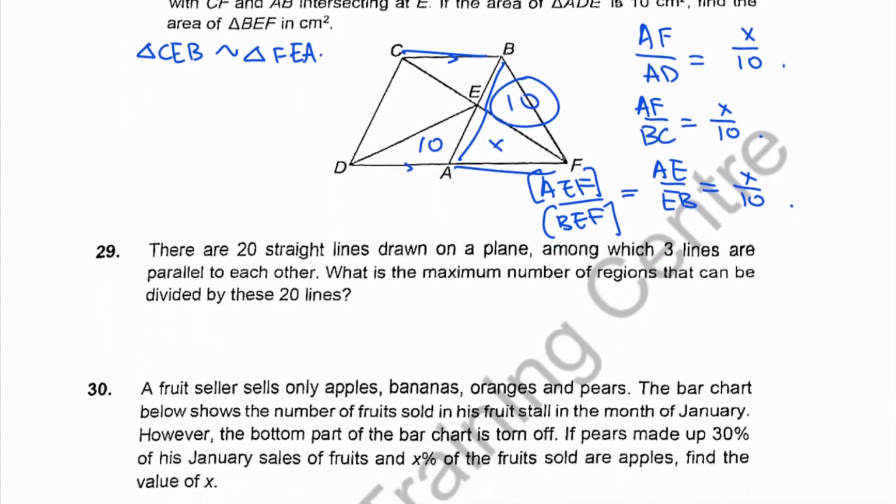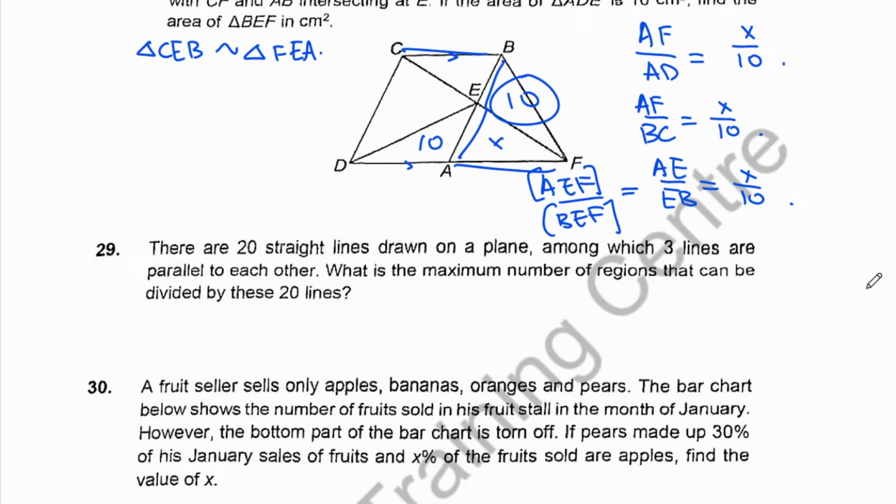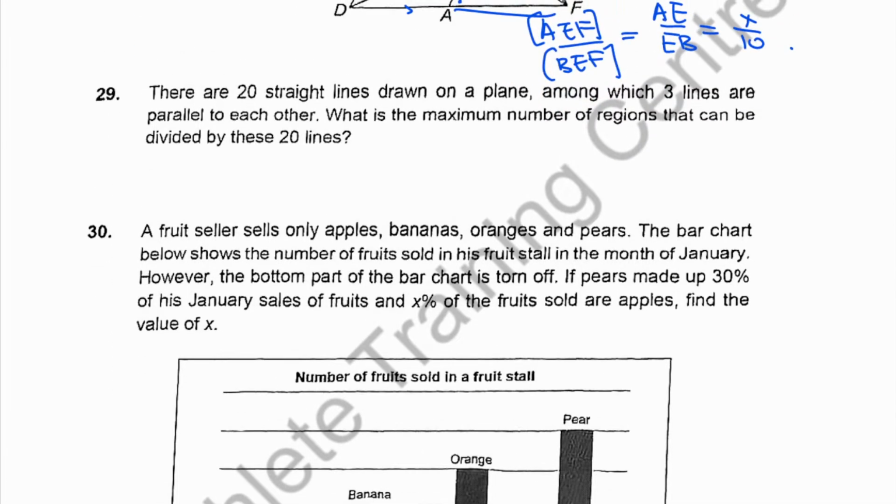Okay, question 29. There are 20 straight lines drawn on a plane, among which 3 lines are parallel to each other. What's the maximum number of regions that can be divided by these 20 lines?